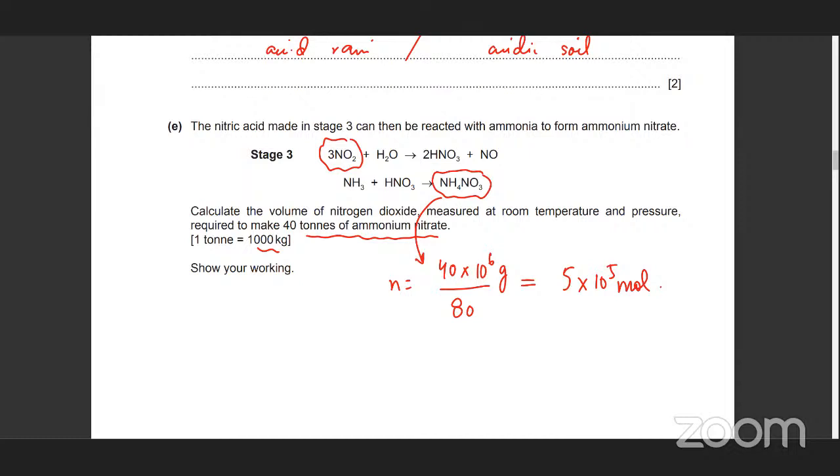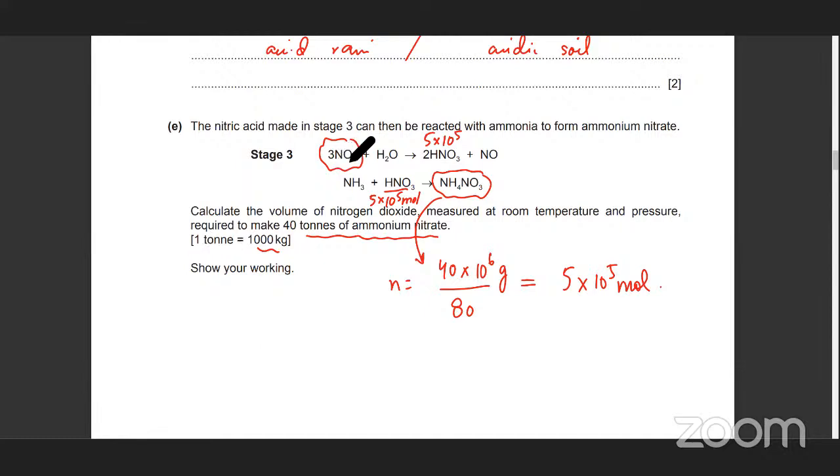ठीक है, let's talk about HNO3. HNO3 moles would be exactly the same as well. 5 times 10 power 5 moles, right? अच्छा 5 times 10 power 5 moles और वो पिछले reaction के अंदर produce हुए थे. So those 5 times 10 power 5 moles use ratios.